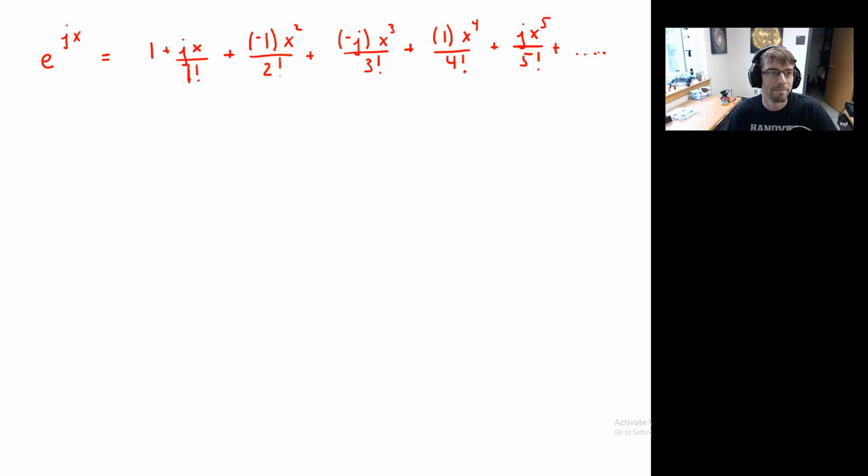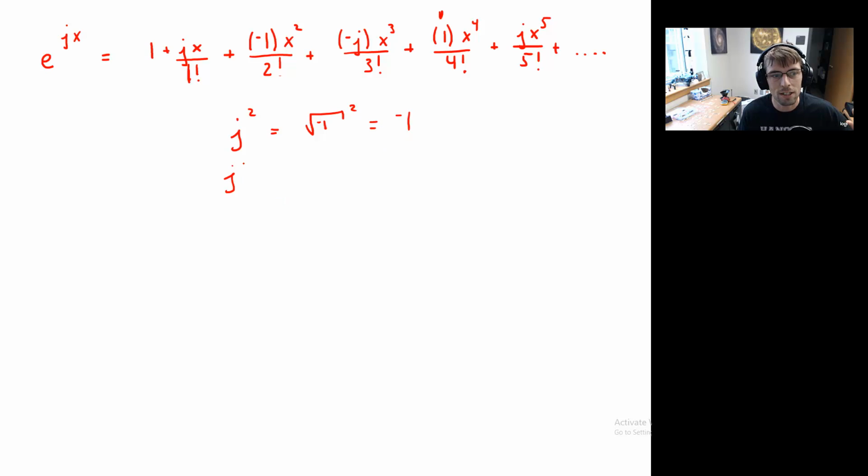Now you see it's kind of weird that every once in a while, once you get j squared, you end up with a real number again, -1. And when you do j to the fourth, you end up with +1. J squared, the square root of -1 squared, is equal to -1.